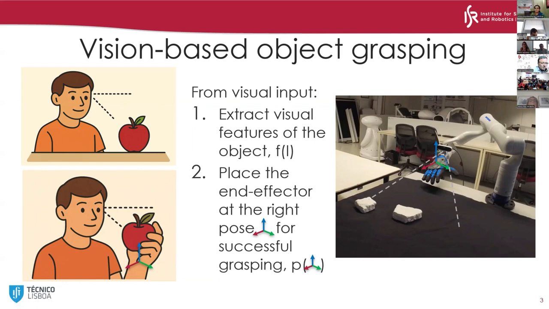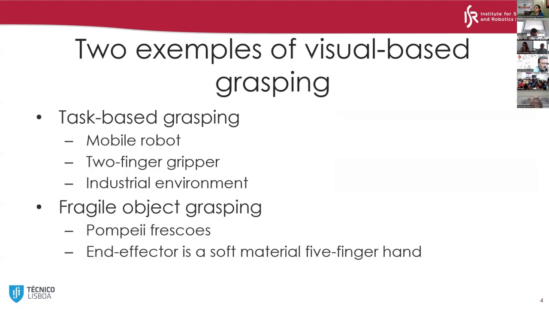I'm going to show you two approaches. The first one is the task-based grasping, and then I'm going to talk about another one, the fragile object grasping. The task-based grasping was part of a European project that had a mobile robot with a two-finger gripper, and it was more in an industrial environment.